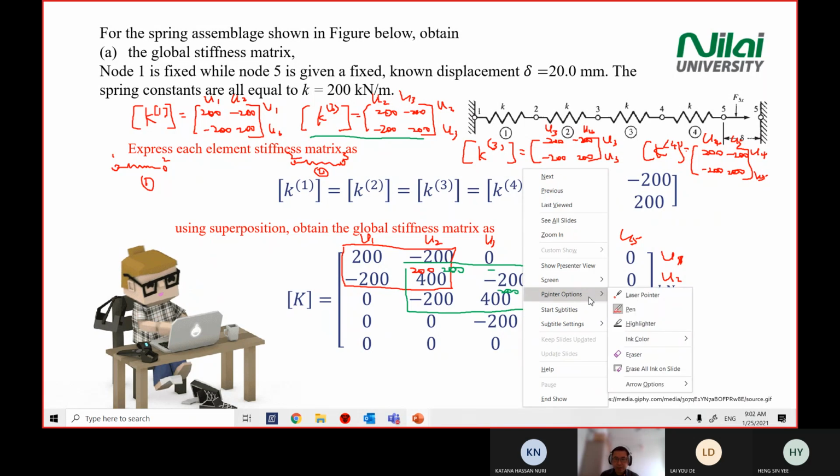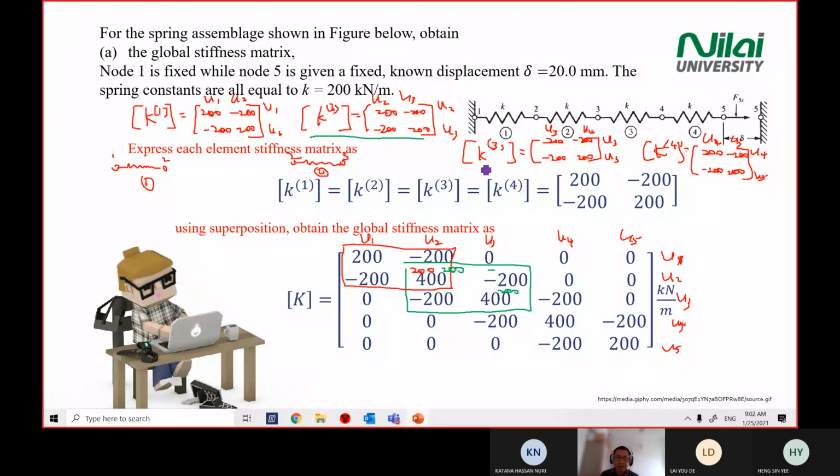Okay, I continue with the next one. I use the purple color for element 3. So for element 3, the individual matrix here is U3 and U4. Why U3, U4? You look at element 3, it is point number 3 and 4. So you go to the global matrix and look for U3, U4 only.